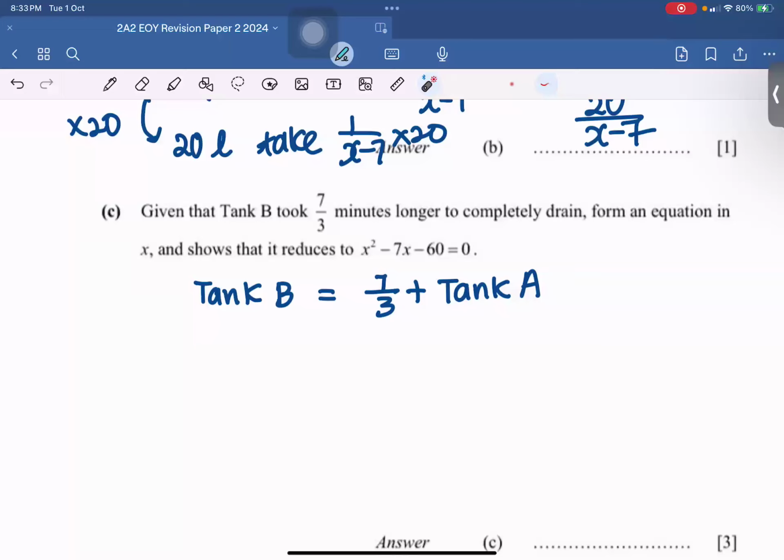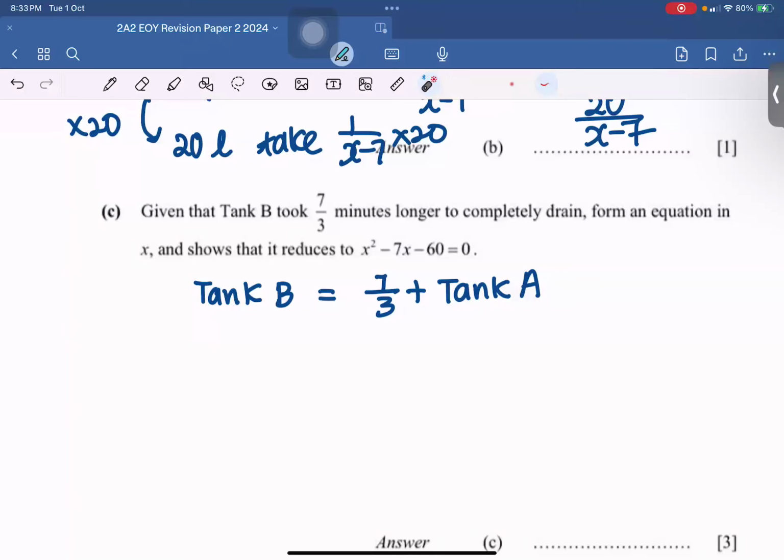How much longer? This much longer, 7 over 3 minutes longer. So I take tank A plus the 7 over 3. I follow exactly what the statement says. So tank B is 7 over 3 plus tank A.